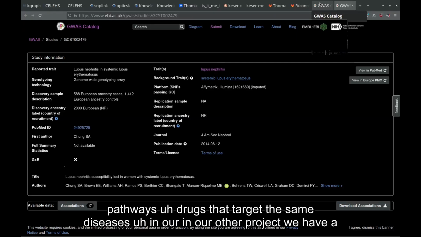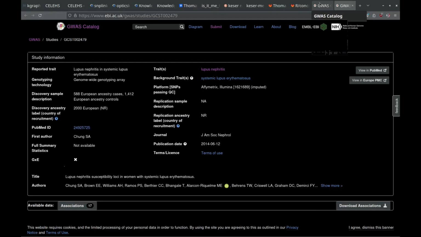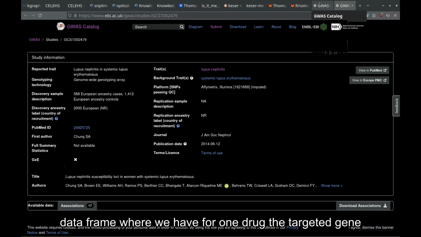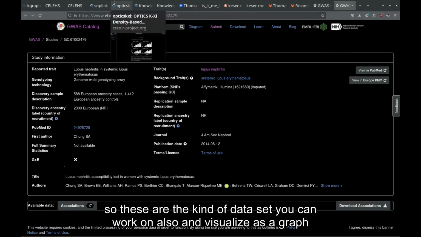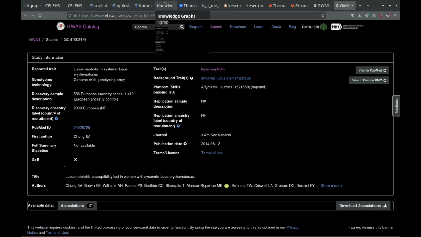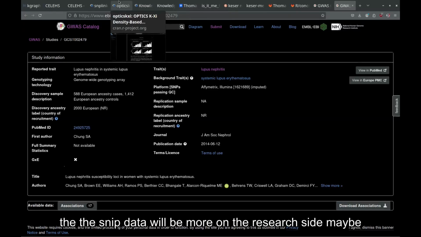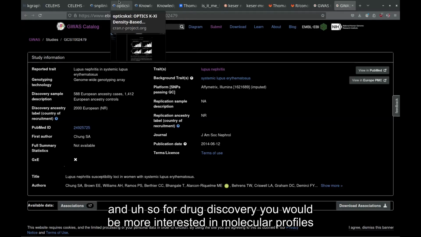In our other project, we have a data frame where we have, for one drug, the targeted gene. So these are the kind of data sets you can work on and visualize as a graph. The SNP data will be more on the research side maybe. For drug discovery, you would be more interested in molecular profiles.